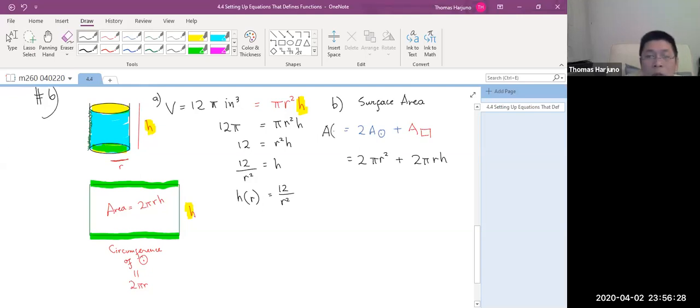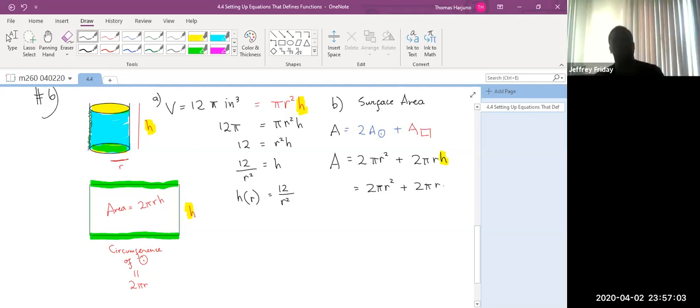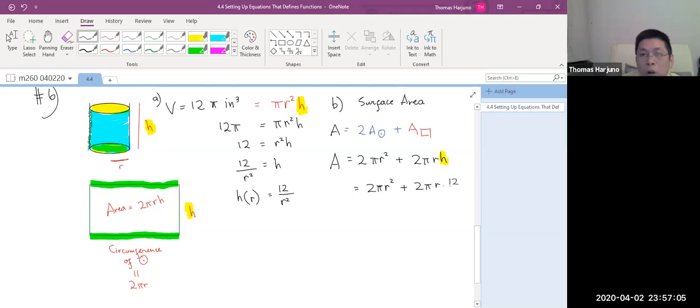Because I need to write it as a function of radius, any variable that is not radius, I need to substitute, right? I can rewrite that h now in terms of radius. So now this is equal to 2 pi r squared plus 2 pi r times 12 over r squared.